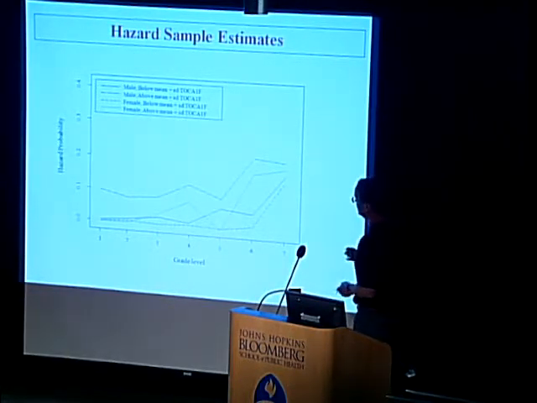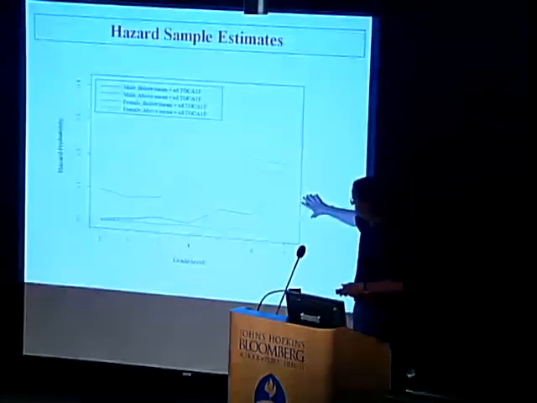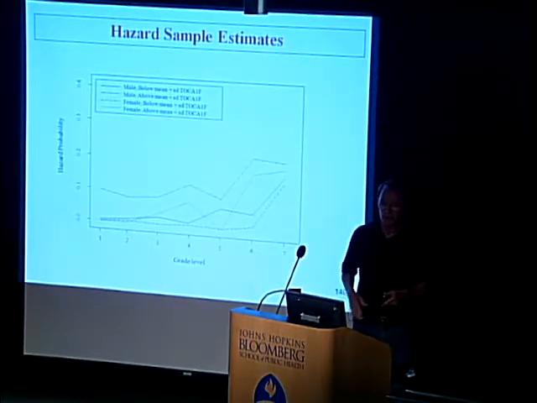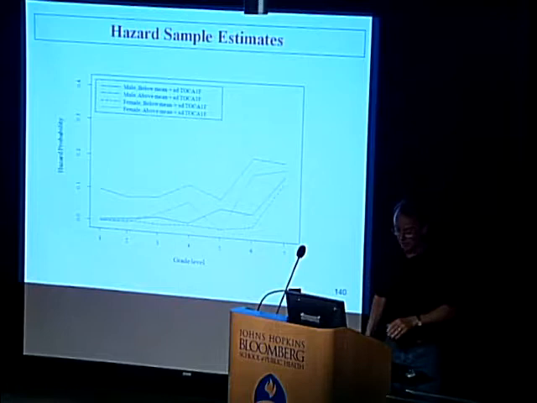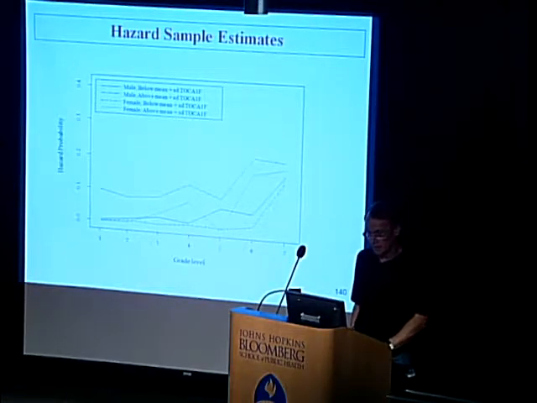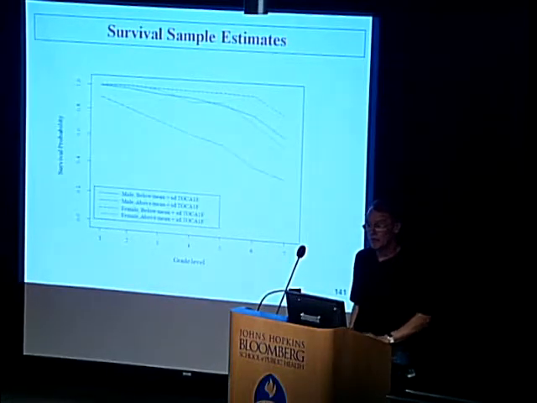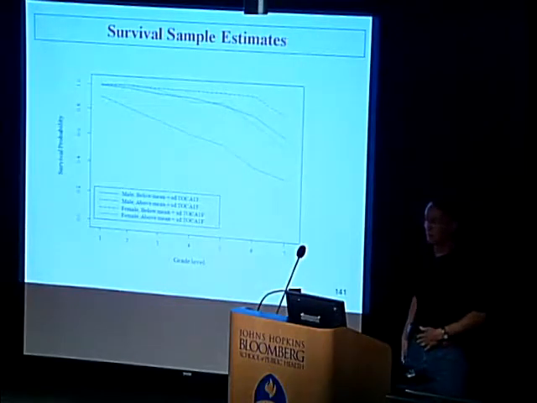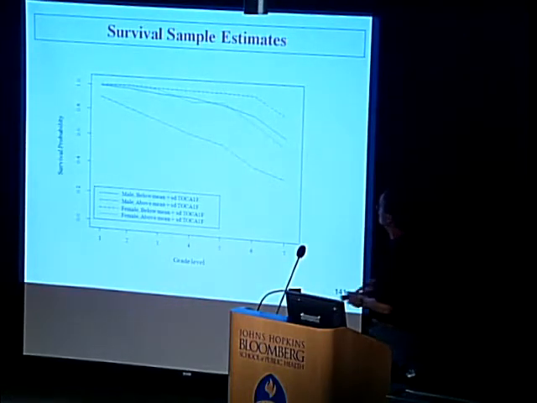A new feature in Mplus version 6 is that these hazard functions can be plotted directly in Mplus. And not only that, but the survival curves can also be plotted. So here is a survival curve, which says what the probability is to not be removed from school.